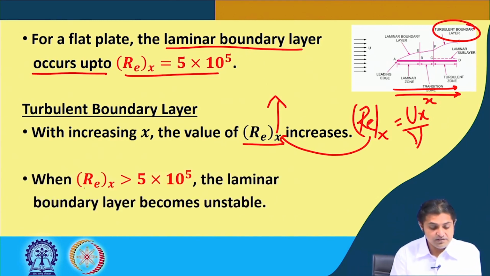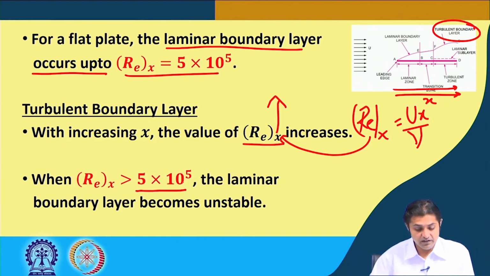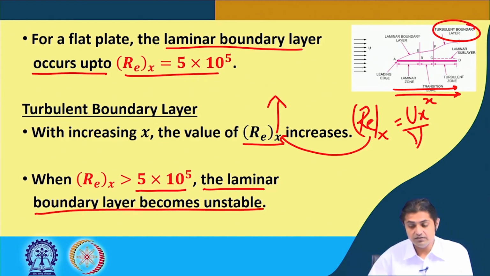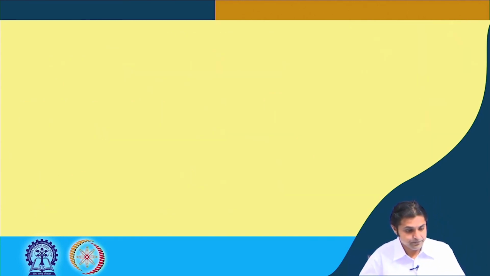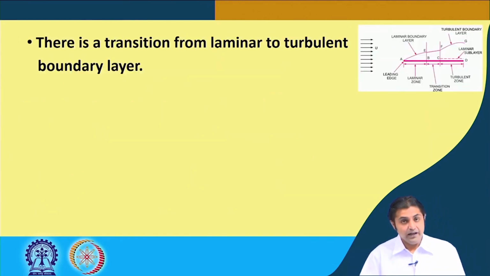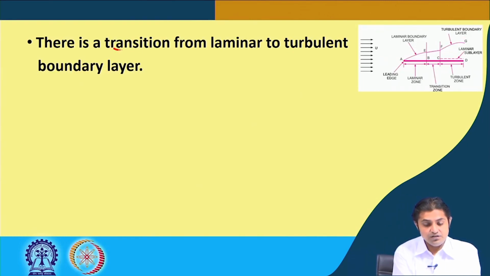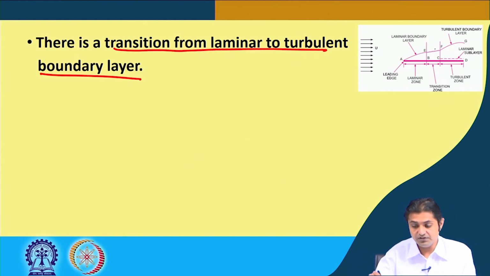Now, when the Reynolds number increases to more than 5 into 10 to the power 5, the laminar boundary layer becomes unstable. Unstable means the velocity will have some fluctuations. And then there is a transition from laminar to turbulent boundary layer. So, this is the transitional zone here.